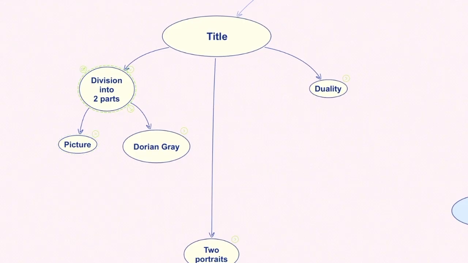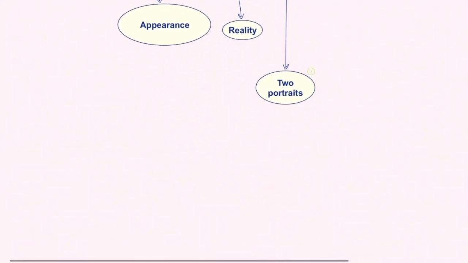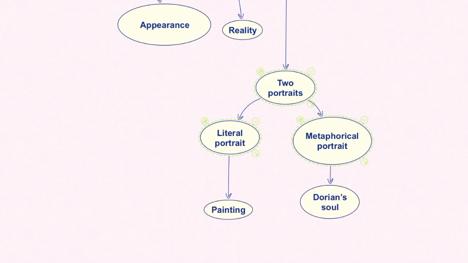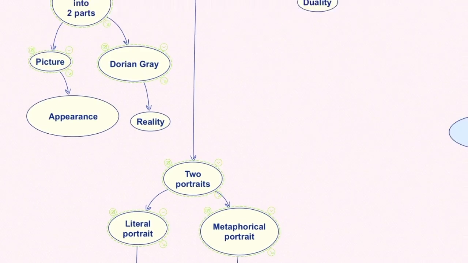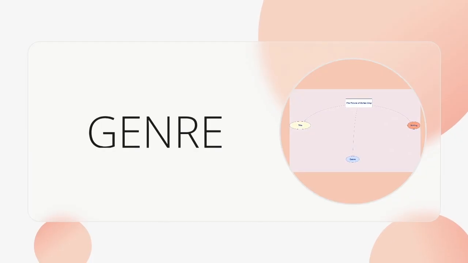And beside picture, Dorian Gray, and underneath reality. In branch 2, write 2 portraits. And just under it, literal portrait, then painting versus metaphorical portrait equals Dorian's soul. Branch 3 is for duality. Add appearance versus reality.